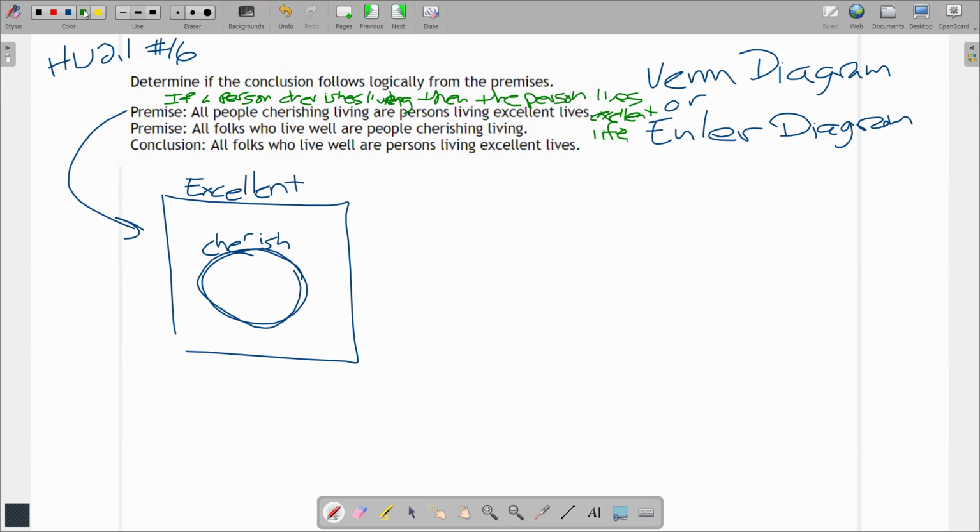Second premise. All folks who live well are people cherishing living. Okay, so I'm going to make another circle over here for that one. So that's all folks who live well. What are we going to call them? We're going to just say they live well.